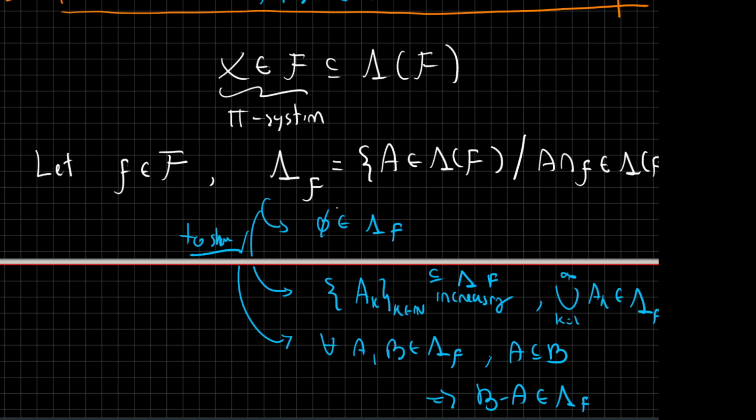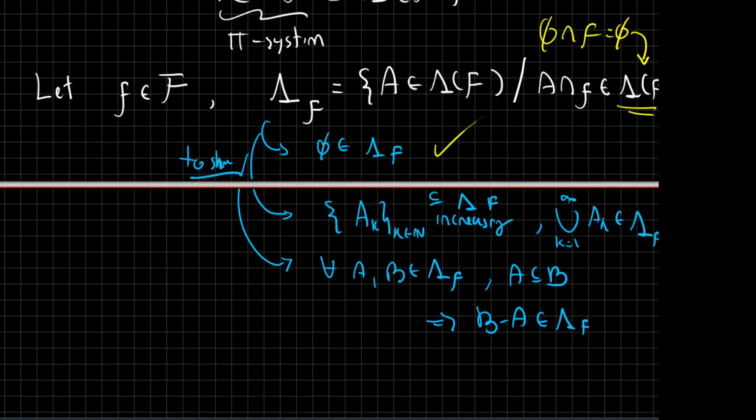So we will show every step. First, it is clear that this is true because the empty set intersected with F is the empty set that is an element of this lambda system, because it is a lambda system. So this is true. For the second, let's suppose that we have an increasing family, and we want to show that this holds. So this is true if and only if the intersection of this union with F is inside the lambda system, the bigger lambda system.